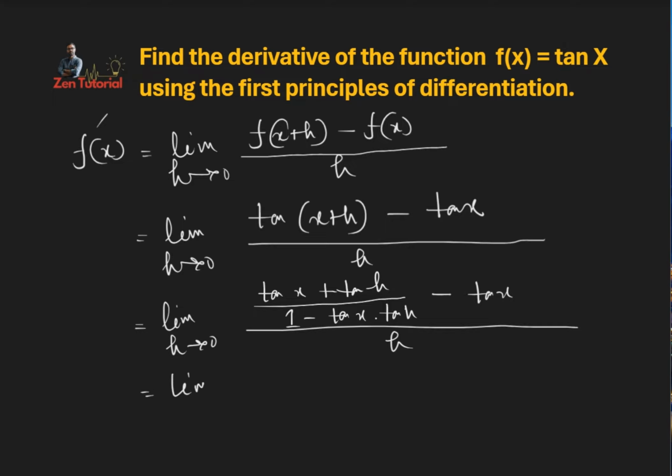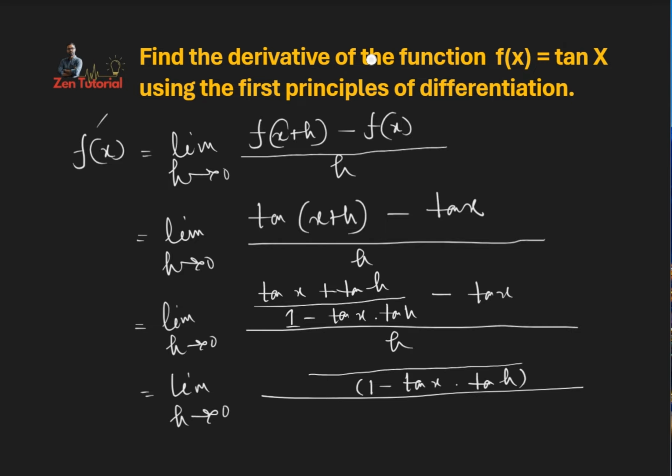So limit h tends to 0, and here what will be the LCM? The LCM will be 1 minus tan of x tan of h, and here tan of x plus tan of h minus tan of x times the value of LCM, so 1 minus tan x and tan of h, over h.